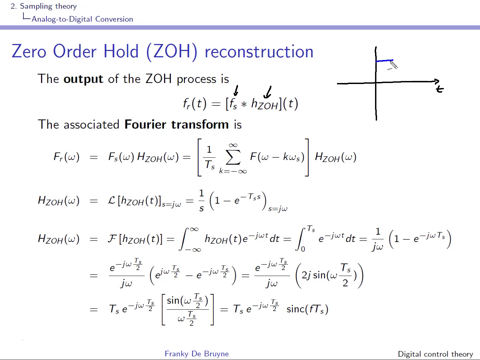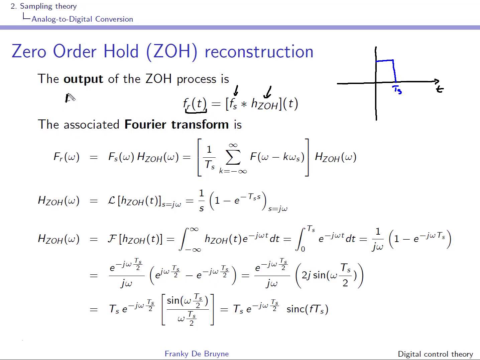It will maintain the impulse for Ts, and so this is how it looks. So we would like to see what is the Fourier transform of this signal over here.